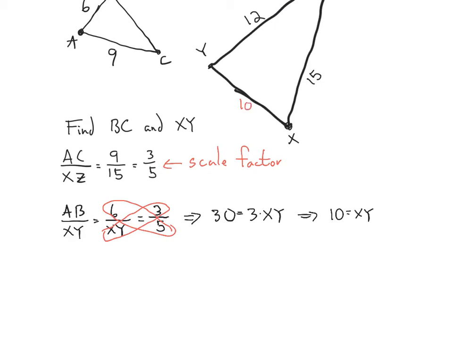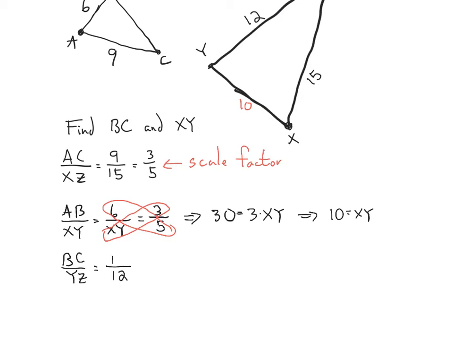And finally, we have the other side we need to find, which is BC, and we have YZ. So YZ is 12.